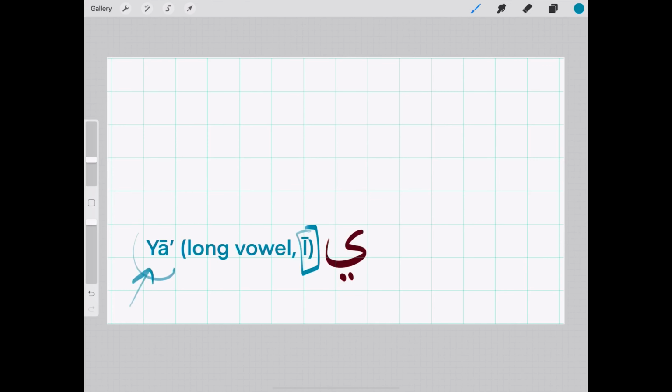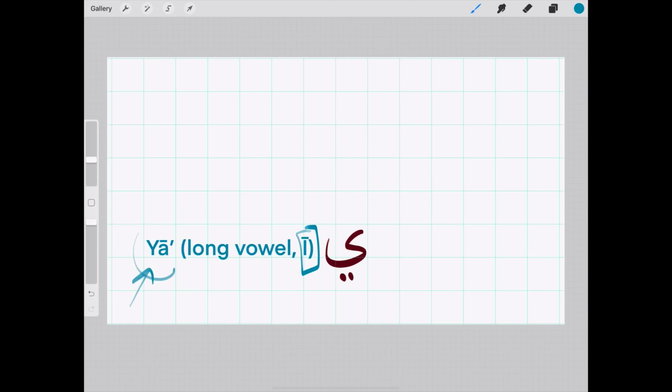And it sounds like an extension of which of the short vowels? Try to think, test yourself. What was the short vowel that we had before that sounds like a simplistic, shorter version of the E? It's the kasra. So this E or the ya letter sounds like an extension of the E or the kasra short vowel.